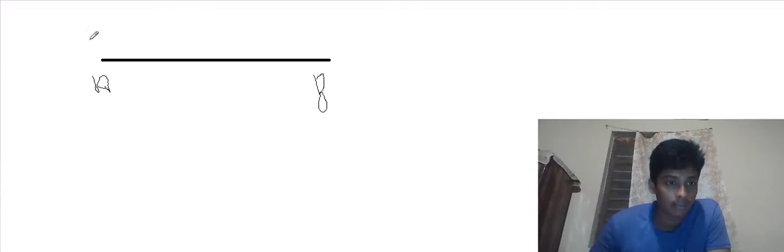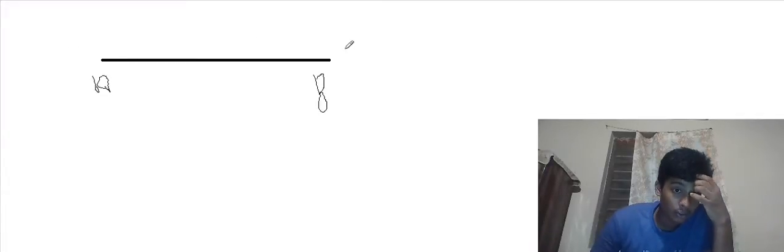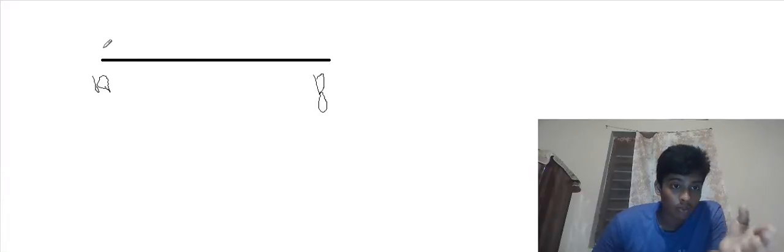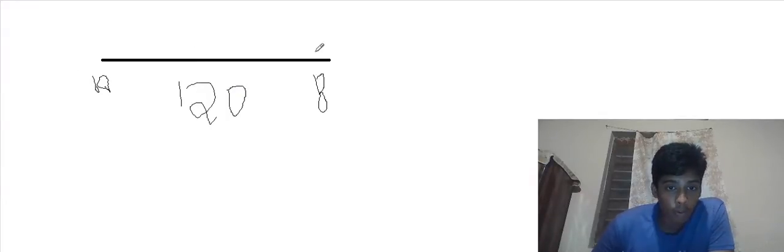For example, consider an object moving from point A to B. Now consider the distance between A and B is 120 meters, and a car is moving from point A to point B. The distance covered by the car is 120 meters.